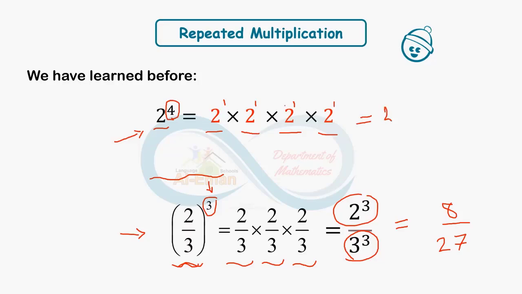So we write 2 to the power 1 plus 1 plus 1 plus 1, so it will be 2 to the power 4. Notice that when we multiply, we add the powers if we have the same bases.